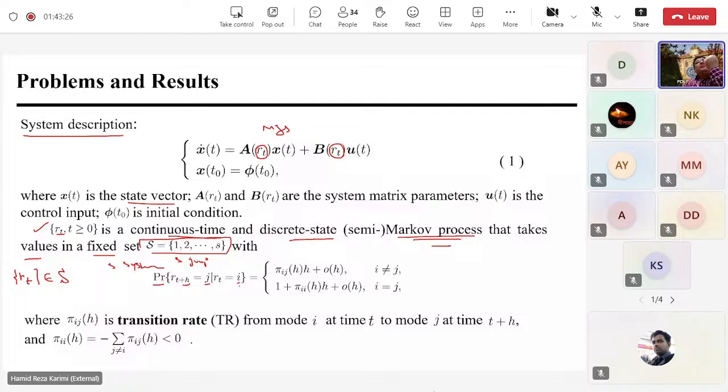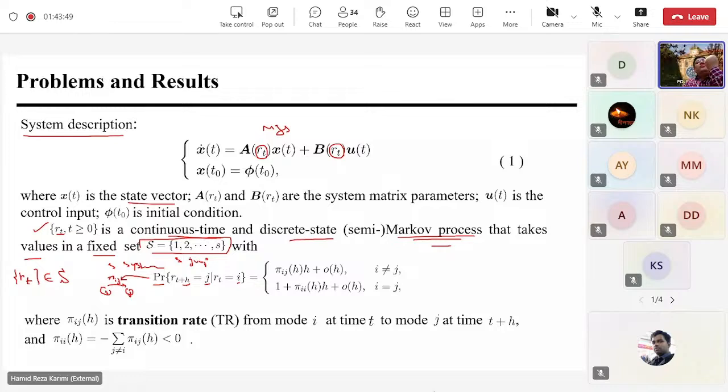It means: what is the probability of going from a state i to a state j? This probability is represented by this formulation, and it is equal to pi_ij. This is the definition in the Markov chain.